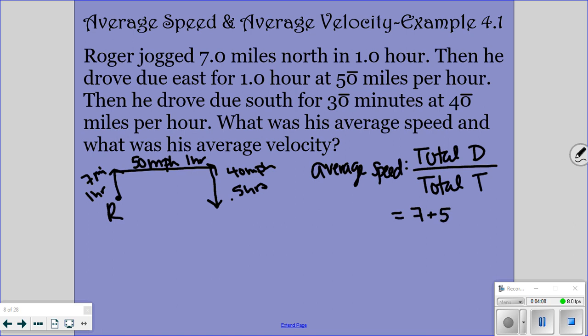So that would be 50 miles. And then he traveled 40 miles per hour for half of an hour. So he went 20 miles during that time. So that's the total distance. And then his total time was 1 hour plus 1 hour plus 0.5 hours. And so if you add those up, you're going to get 77 over 2.5.